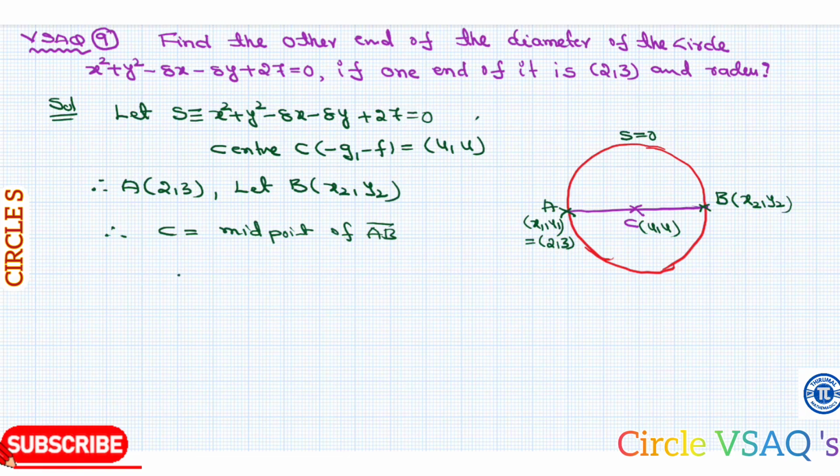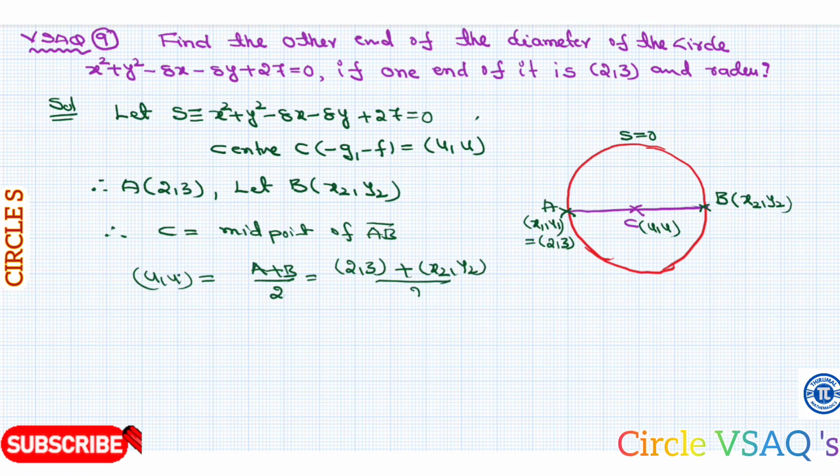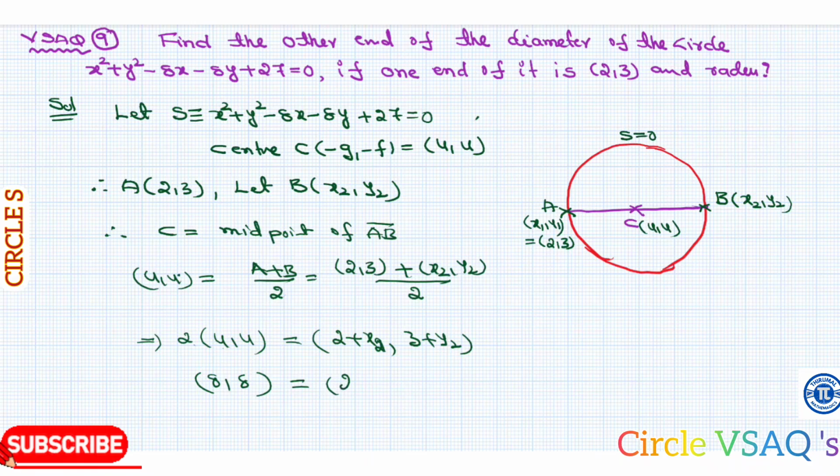So C, which is (4, 4), equals (A + B)/2, which is ((2, 3) + (x2, y2))/2. Next, 2 times (4, 4) equals (2 + x2, 3 + y2), so (8, 8) = (2 + x2, 3 + y2).